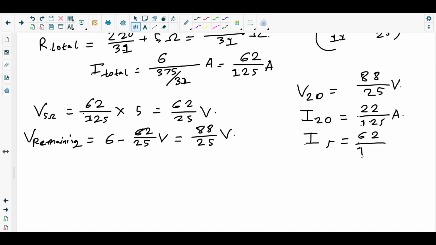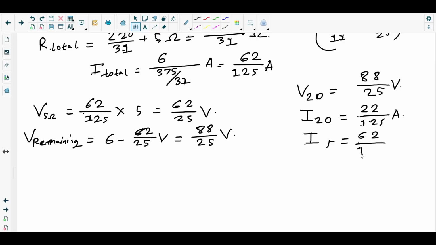Now we can find the PD. V5 equals IR. Current is 8 over 125 times the resistance, which is 5.